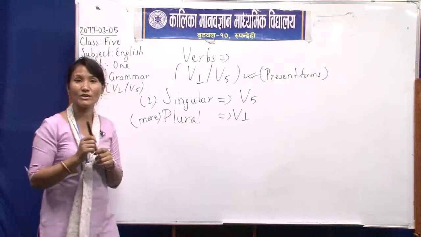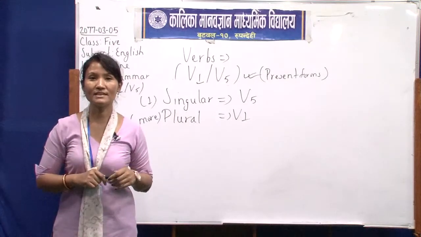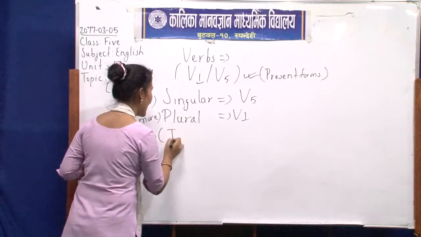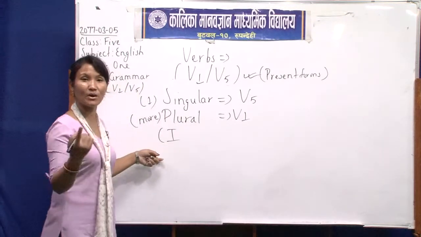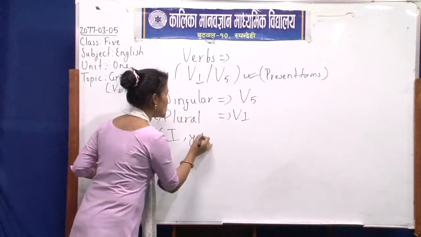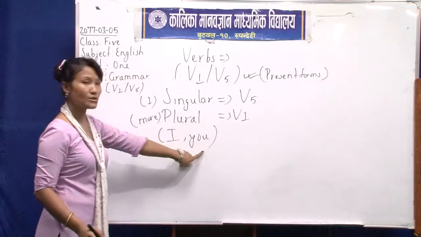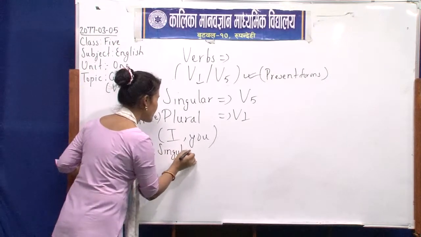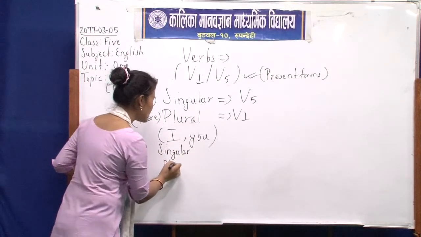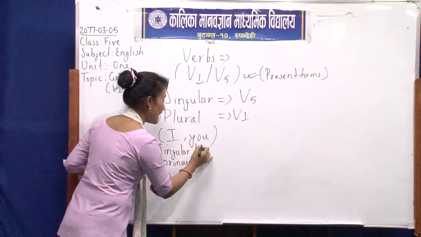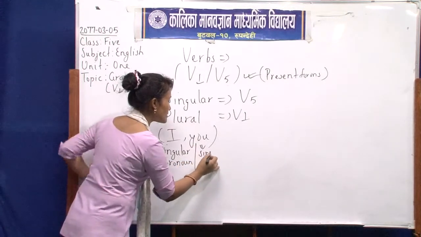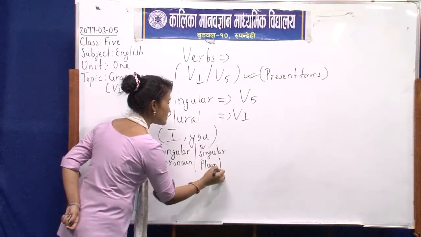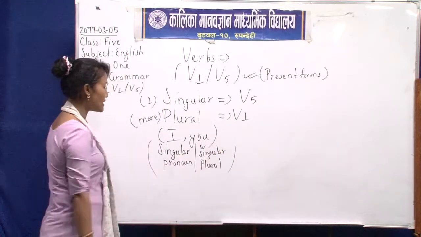And I taught you about one exception case also, isn't it? What was that exception case? The exception case was about I and you. I is a singular pronoun, and you is singular as well as plural.